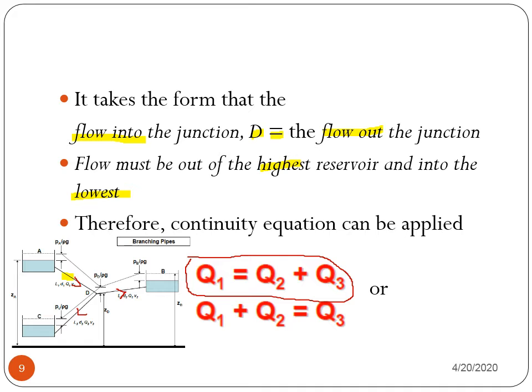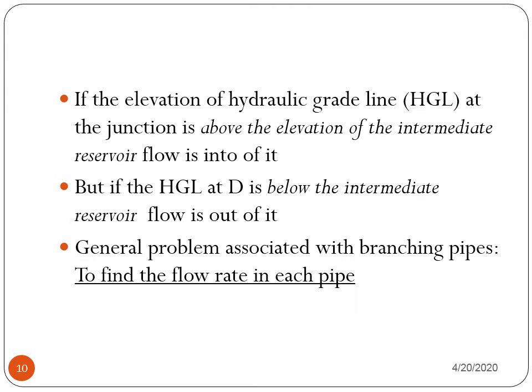So it depends on the questions. Basically, the general problem associated with branching of pipes is to determine the flow rate in each pipe. If we have 3 pipes, we want to find Q1, Q2 and Q3.